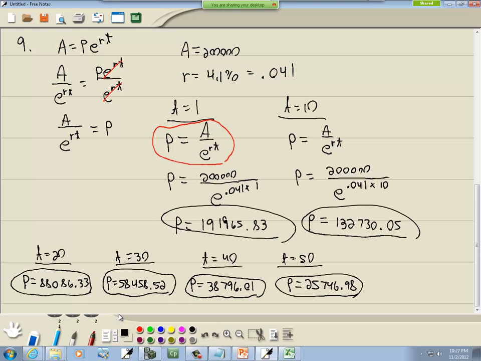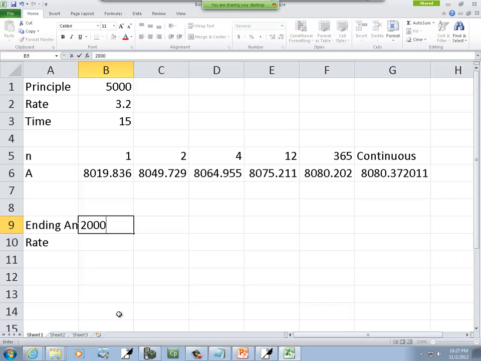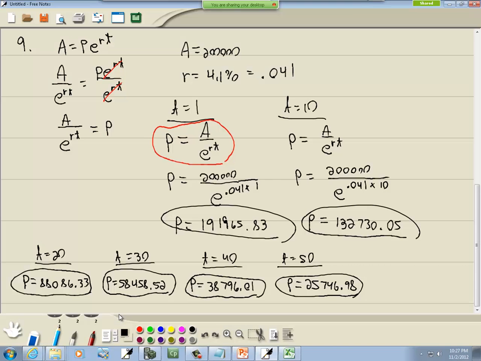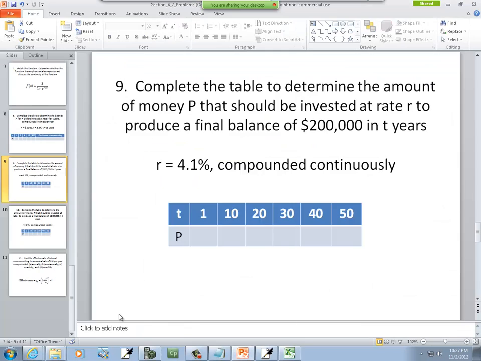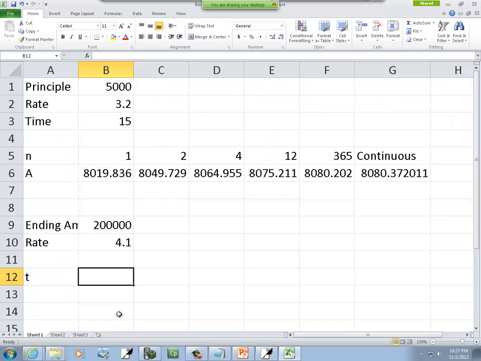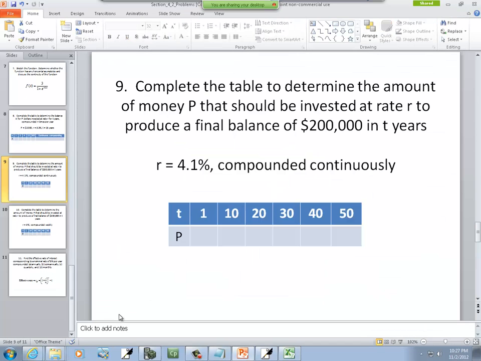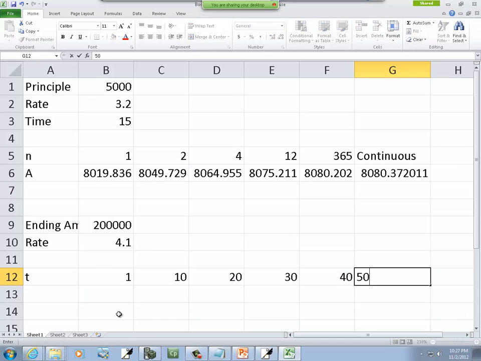We said our ending amount was going to be 200,000, and our rate was going to be 4.1%. And then, what are we wanting? If I can find it here, T. 1, 10, 20, 30, 40, 50. And this will be our principal.